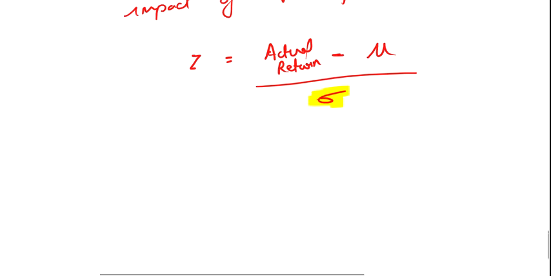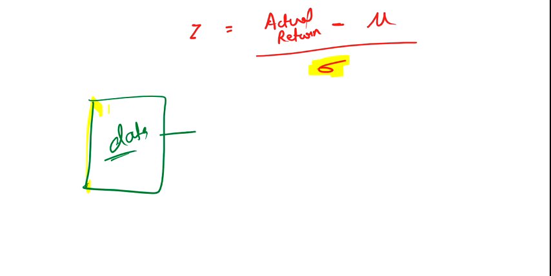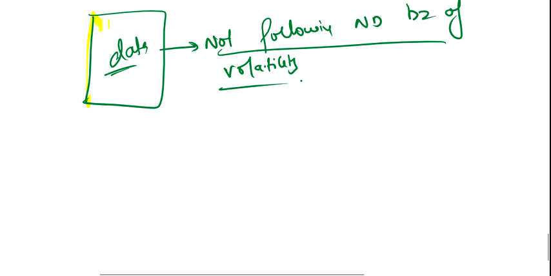This is my data, and I proved that it is not following a normal distribution because volatility is actually changing, so I can say my data does not follow a normal distribution.